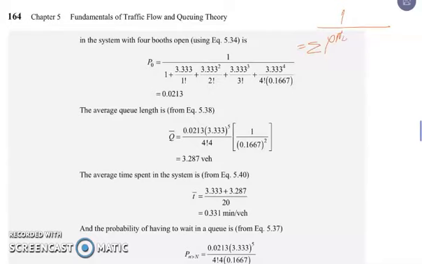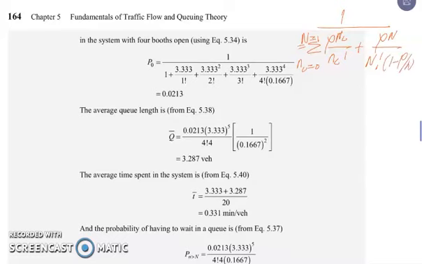You have to take note that n sub c is the departure channel number.